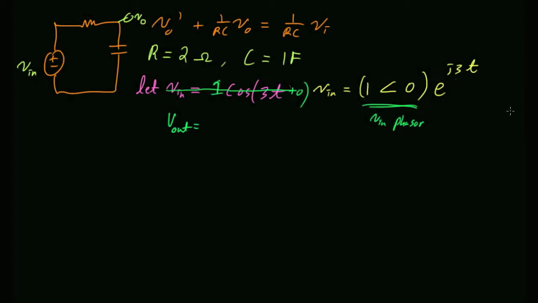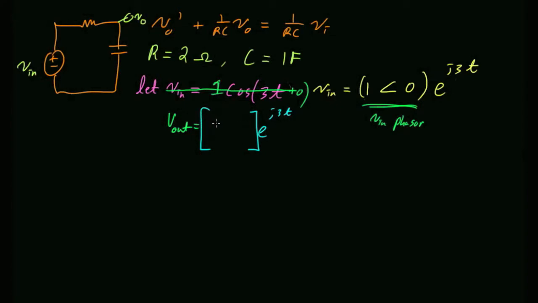So I claim the following. If my input is this, then it must be true, because we've argued that with a cosine at the same frequency, my output is going to be some cosine at the same frequency. The only thing that's going to be different is the amplitude and the phase, which I can express conveniently as a phasor.